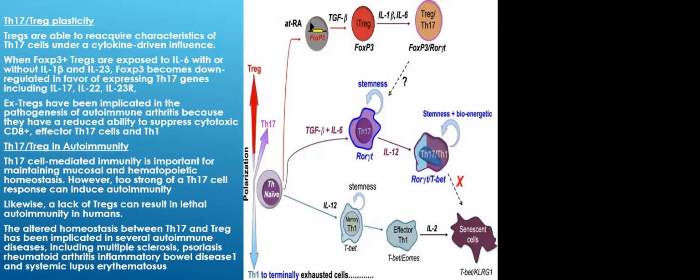So Tregs are able to acquire characteristics of Th17 cells under cytokine-driven inflammation. If you have too much Th17 secreting interleukin 17, we know there's a fight between interleukin 10 and interleukin 17.